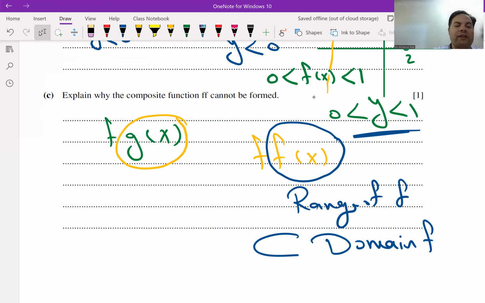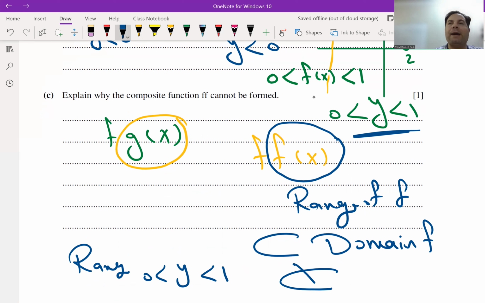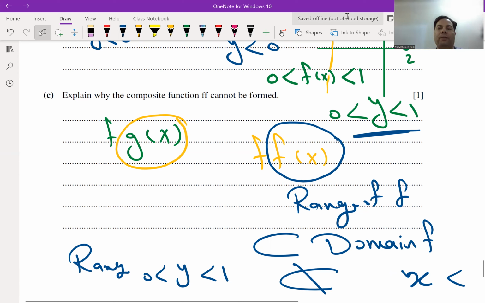Or you can write it like this: the range, y more than 0 and less than 1, is not a subset of the domain, where x is more than 2. This is not a part of it. It's enough. You can get one. It's only one mark. Thank you.